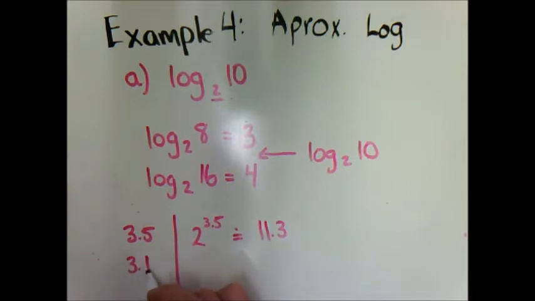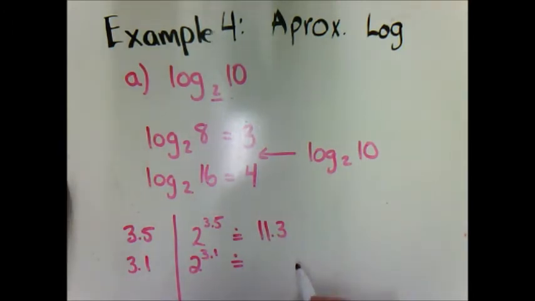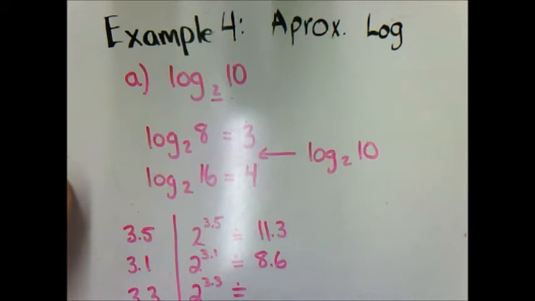Let's try 3.1. 2 to the power of 3.1 equals approximately 8.6. Too low. Okay, 3.3. 2 to the power of 3.3. We should be getting a little bit closer here. I plug that into my calculator. I get 9.8. I'm getting closer.